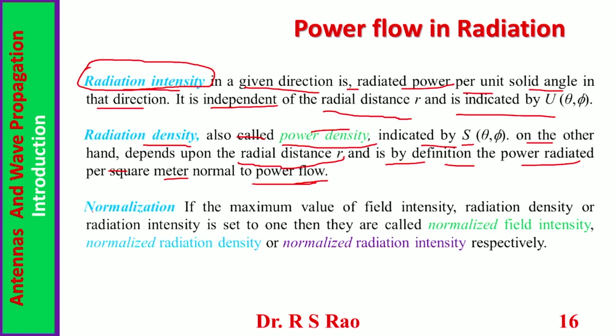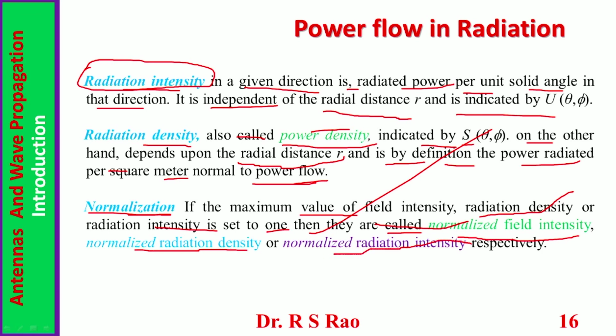Normalization. What is normalization? If the maximum value of the field intensity, radiation density, or radiation intensity is set to 1, then they are called normalized field intensity, normalized radiation density, and normalized radiation intensity respectively. So normalization means setting the maximum value to 1.